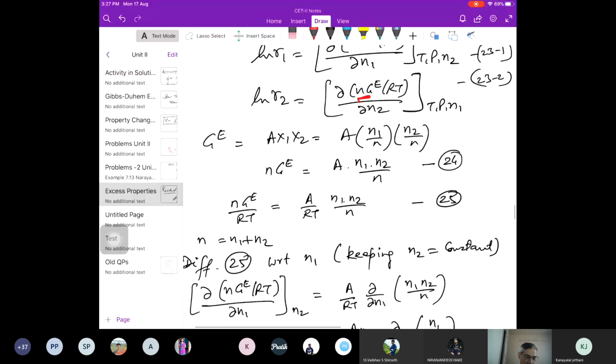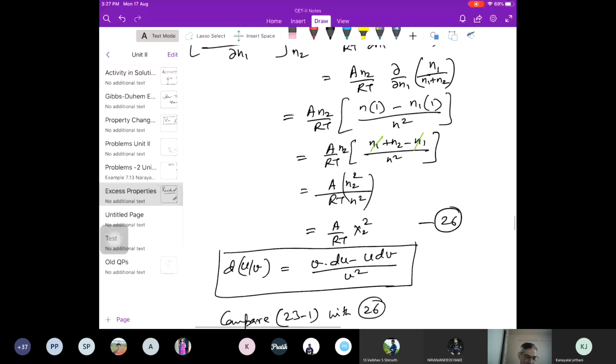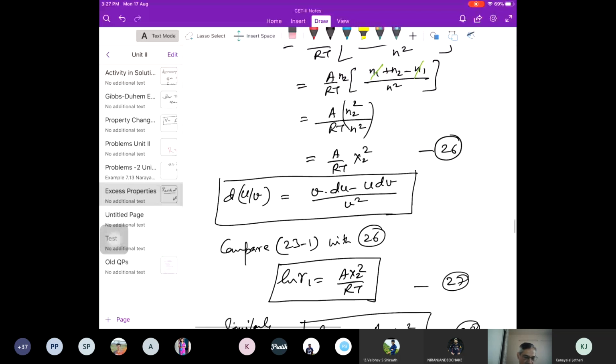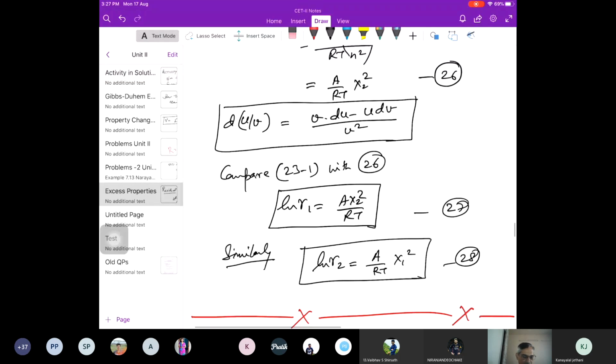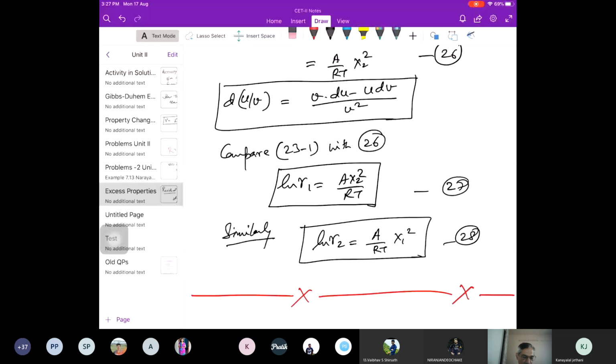So what we get is ln gamma 1 is equal to A x2 square by RT. Ultimately we are substituting for that partial derivative. Okay? And similarly, we can get ln gamma 2 is equal to A by RT into x1 square. So now we have equations to calculate activity coefficients gamma 1 and gamma 2 if you know the constant A for the Margules equation, and we'll see how to find the constant A.